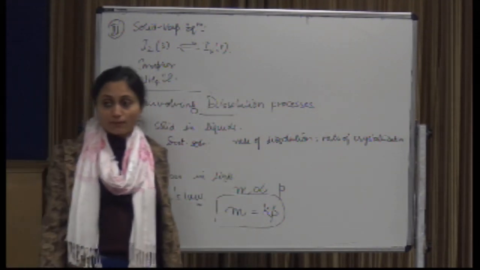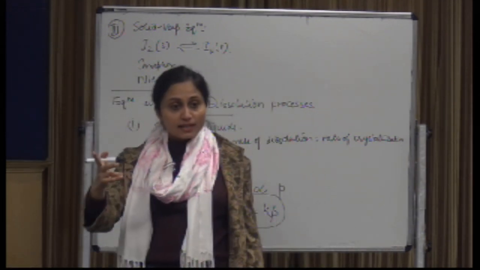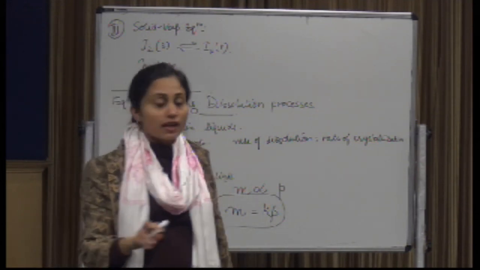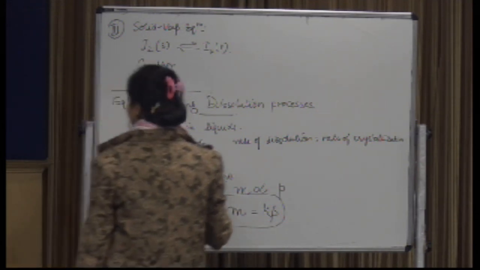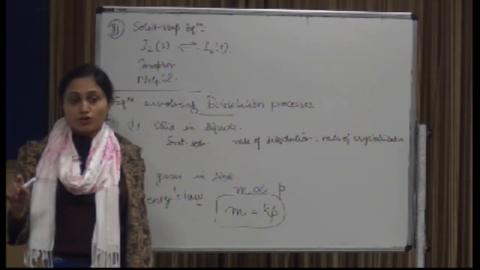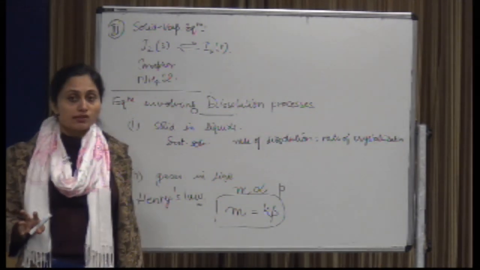That is directly proportional to the pressure of the gas above it, which is in equilibrium with the liquid. I repeat, Henry's law states that the mass of the gas which is dissolved in a liquid is directly proportional to the vapor pressure of the gas which is in equilibrium with the liquid.